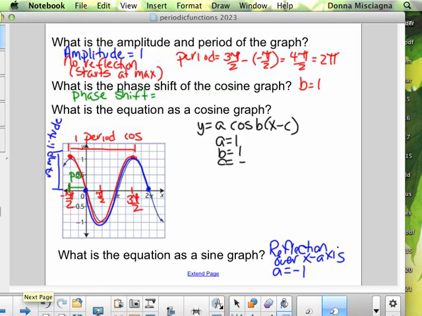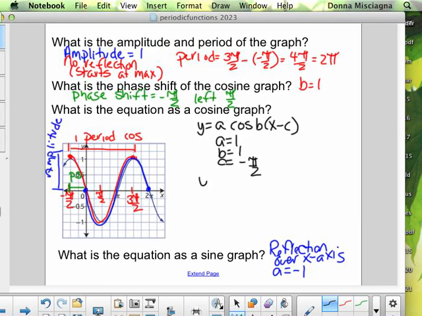It's 2 spaces, but that's not left 1. It's left pi halves, not left 1. Sorry about that. So the phase shift is negative pi halves.